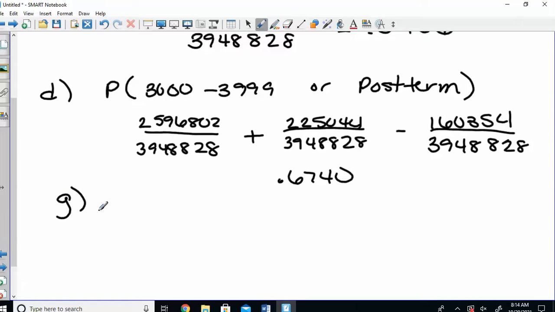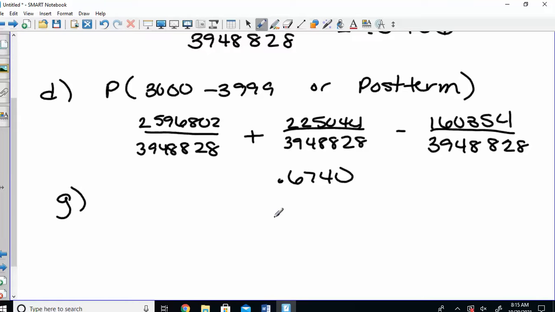On G, I want to know if post-term and weighing 3,000 to 3,999 grams are independent. Okay, so there are different ways to decide this. If they're independent, that means knowing one thing happened does not change the probability that the other one happened.